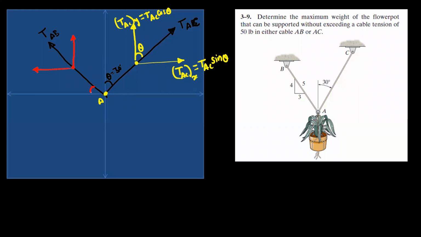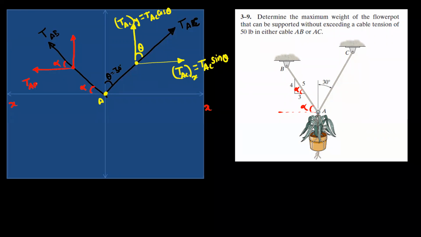Now if you observe the given diagram, this is alpha. So this angle will be alpha with respect to the x-axis. Now this is the x component.